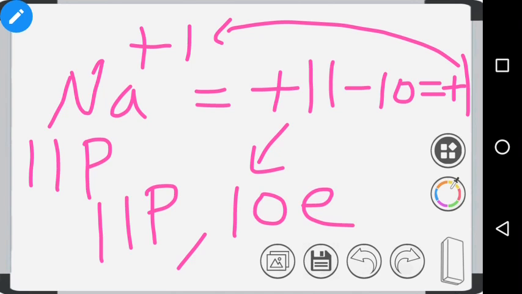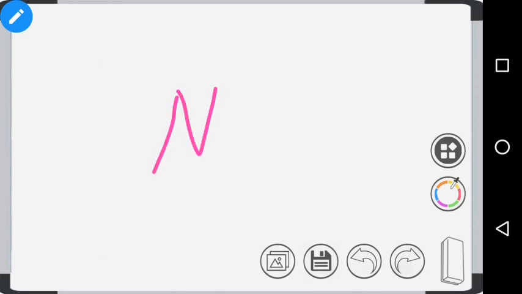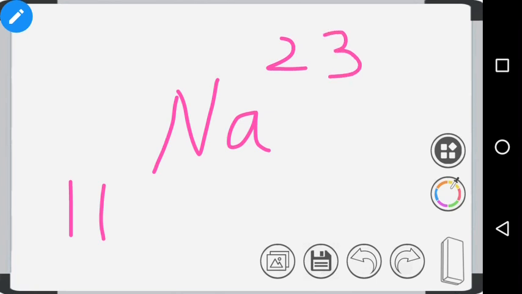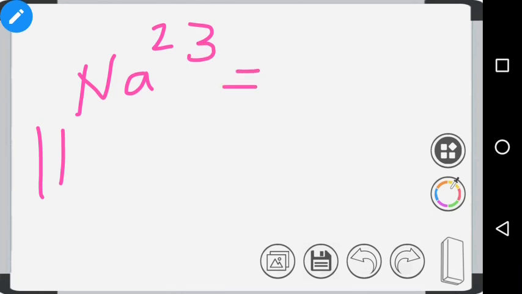Now you can understand how to find the number of electrons. Let me give an example, sodium 11, 23. I have not represented any plus 1 or minus, so you can consider it an atom. Now in 11 Na 23, this number represents the atomic number, which is equal to protons. So 11 protons are there.